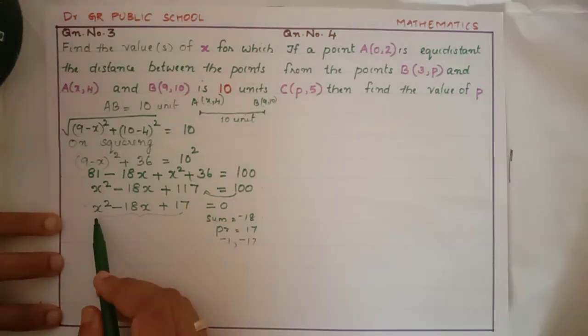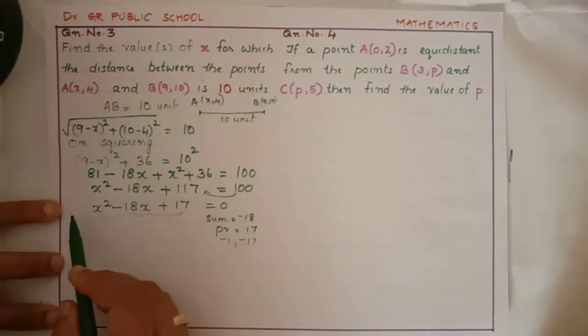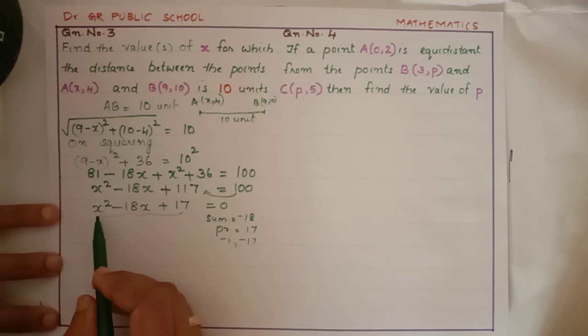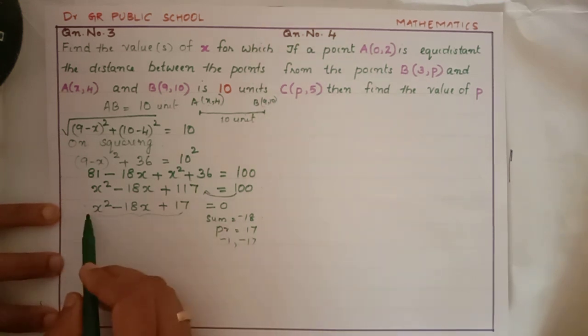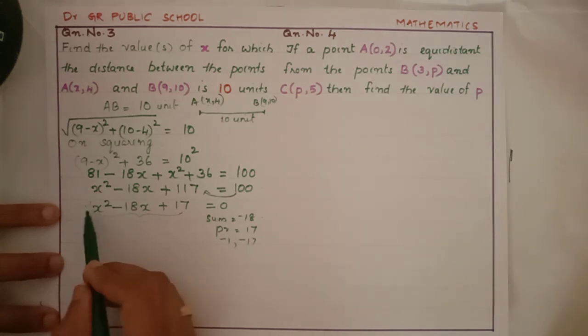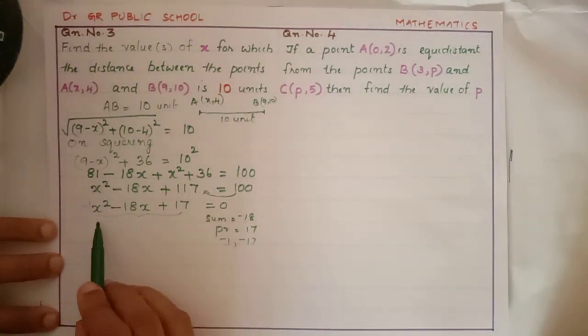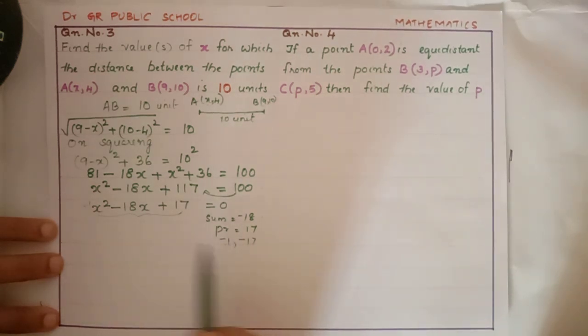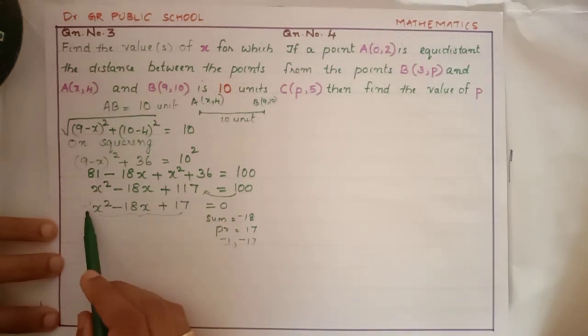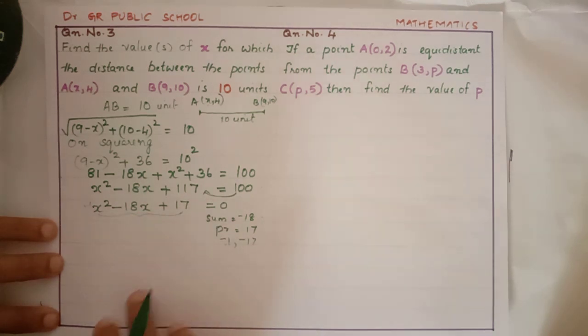And I think we have already discussed in the class, when we discuss factorization, if the coefficient of x square is 1, when we get this pair of numbers, we can write the factors directly. If it is any other coefficient, we have to write all the steps.